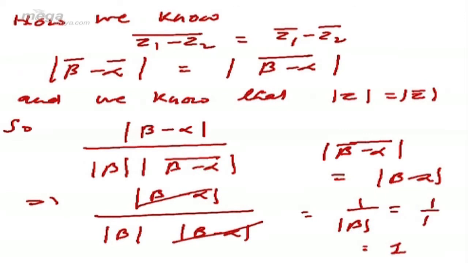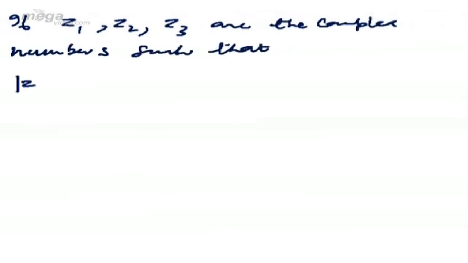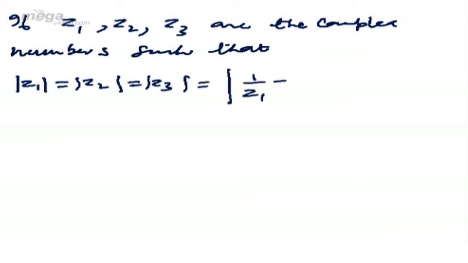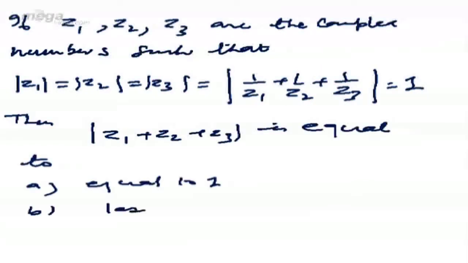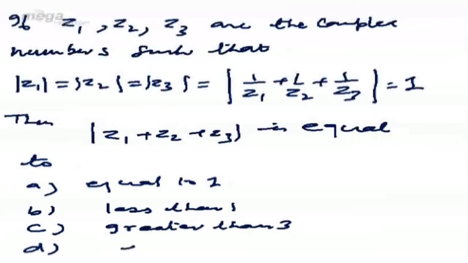Now we come to the next problem, that is, if z1, z2, z3 are complex numbers such that mod of z1 is equal to mod of z2 is equal to mod of z3 is equal to mod of (1 by z1 plus 1 by z2 plus 1 by z3) is equal to 1, then mod of z1 plus z2 plus z3 is equal to: a is 1, b is less than 1, c is greater than 3 and d is equal to 3.